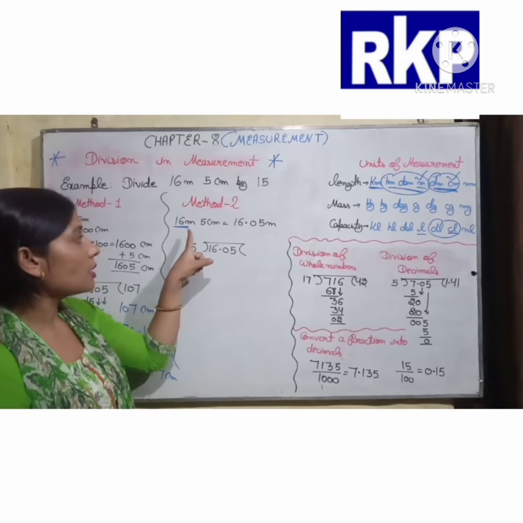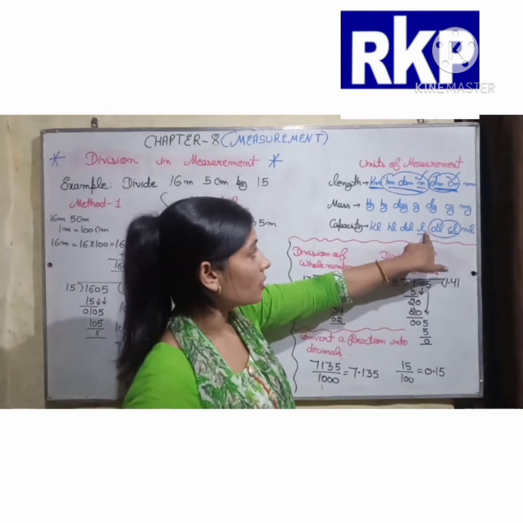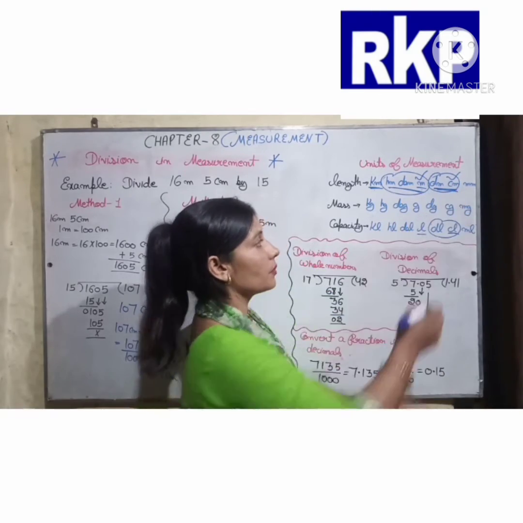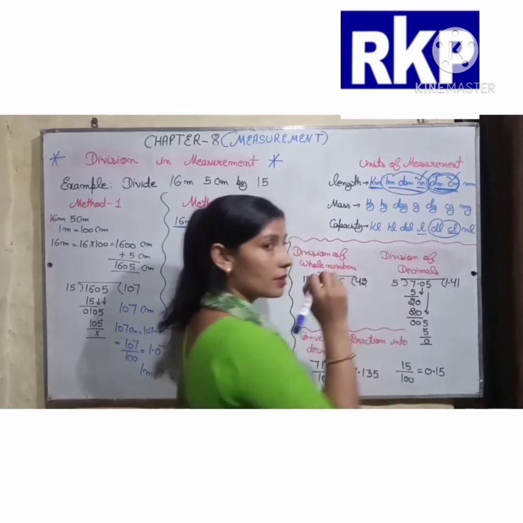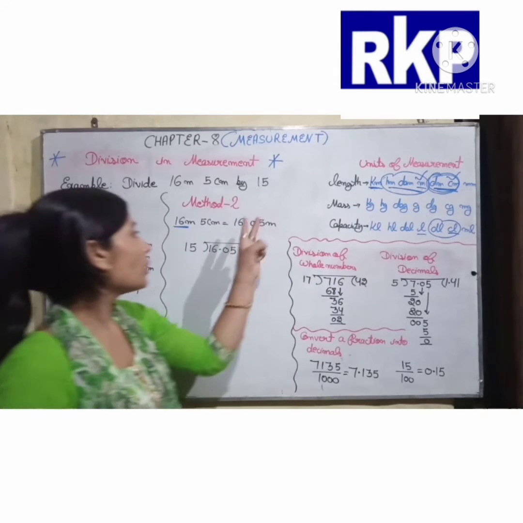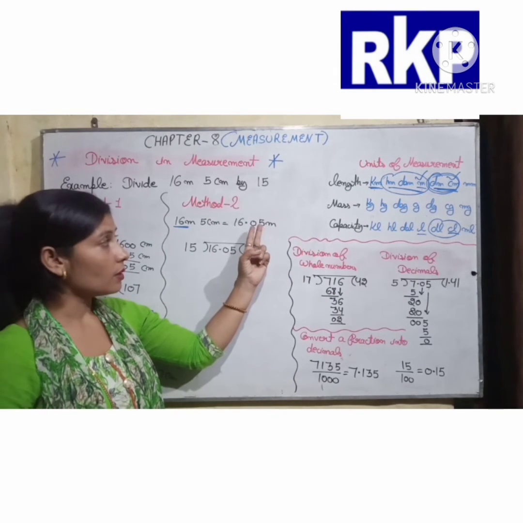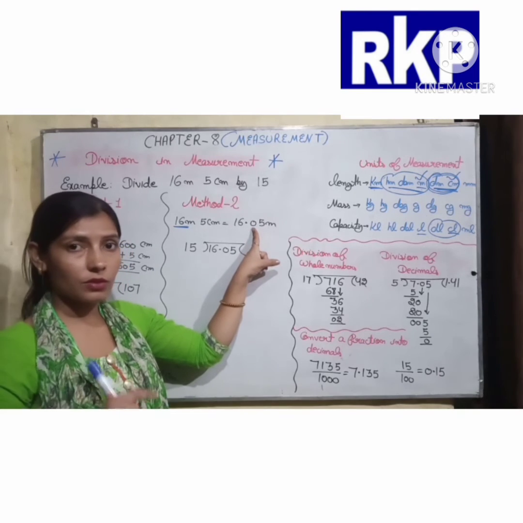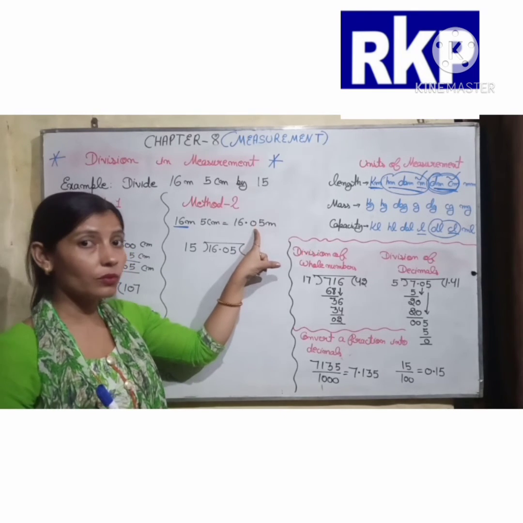Why? Because after meter, see here, meter, centimeter. From meter to centimeter, we have two units. So here we should have two digits. To make two digits, we need to write 0 before 5.